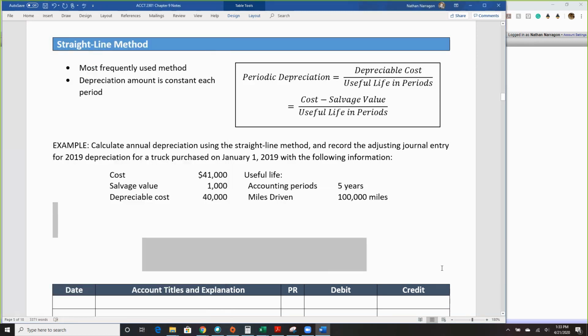Or if you got the notes open, you can uncover it like this. 41,000 minus 1, again divide by 5, equals 8,000.